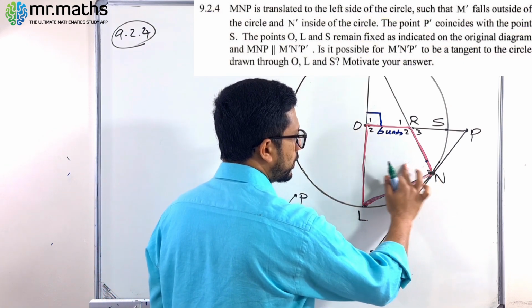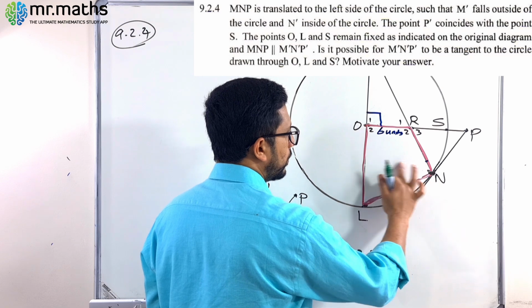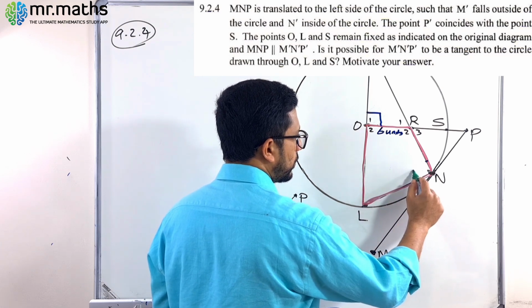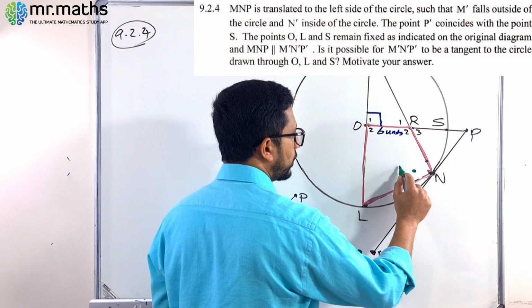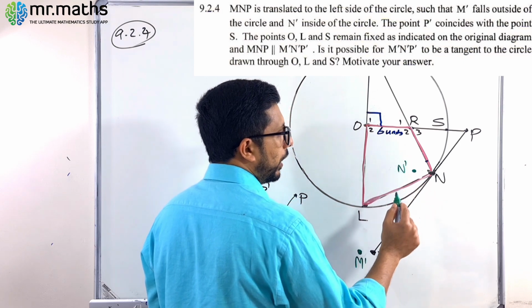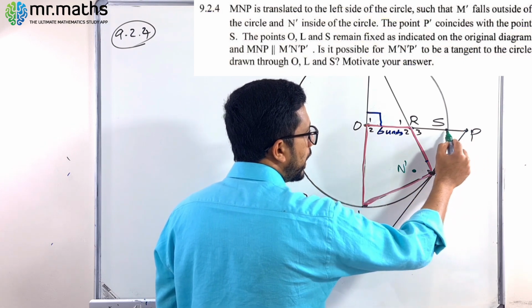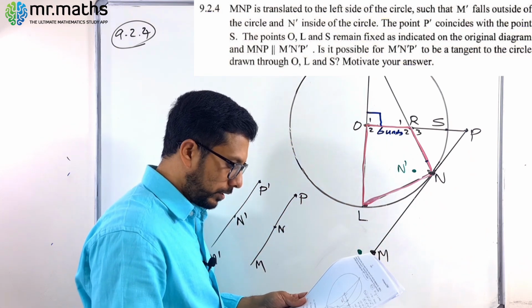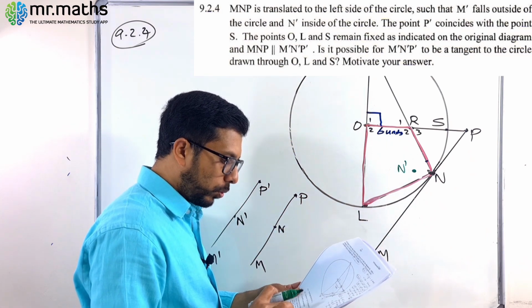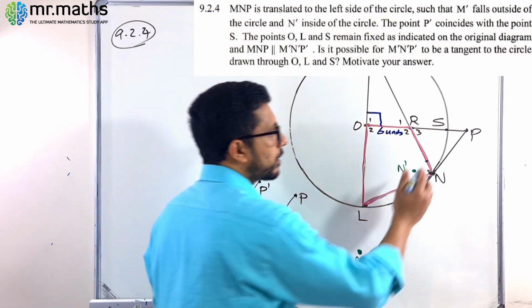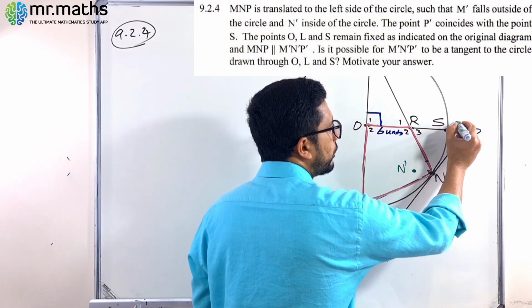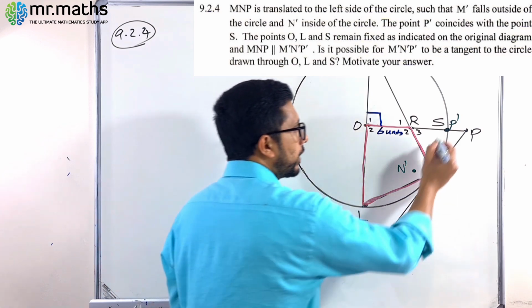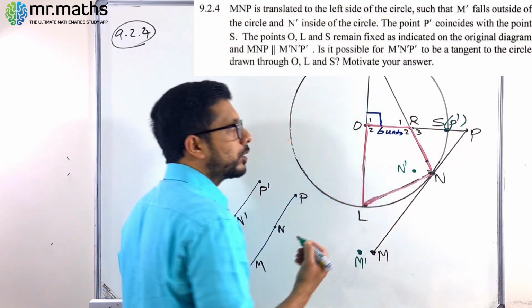Let me erase this 90 degrees. So this is N dash. And P dash coincides with S. Am I right? The point P dash coincides with the point S. That means this point S itself is P dash now.